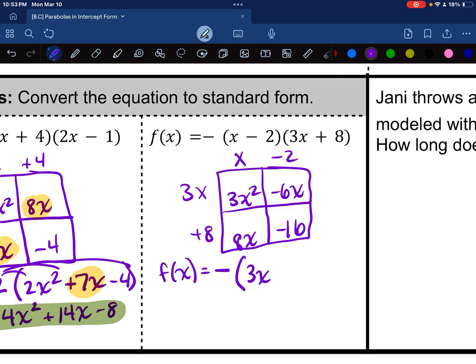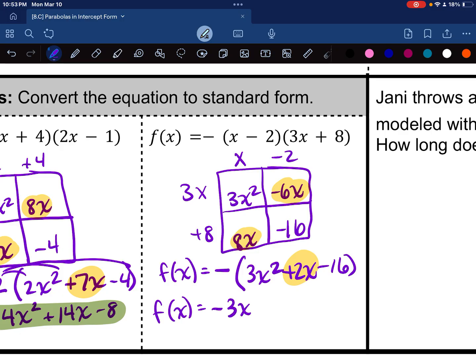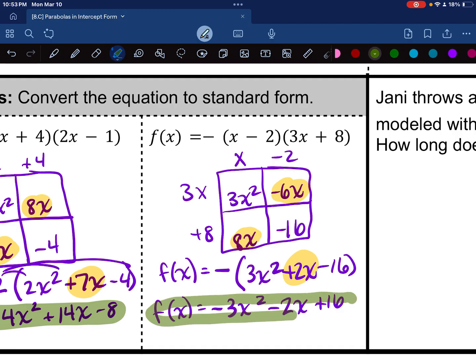And then I'm unpacking the box, right? Which means the 8x and the negative 6x have to combine like terms here. That's where I'm getting the plus 2x from. And then I have to distribute this negative. So when you have a negative out here and you send it through, you just flip the signs of everything that you have written there. Which isn't too bad. It's pretty quick arithmetic.